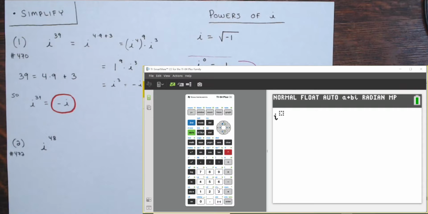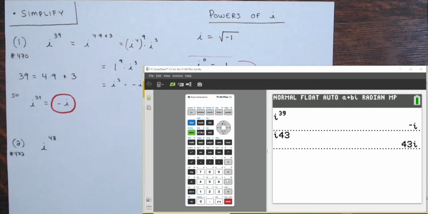That's i to the 39th power. And this should end up being just -i. Great. And like I said, just keep adding 4 to that, subtracting 4 from that. i to the 43rd power would also be -i. Oops. I didn't put raised to the 43rd power.